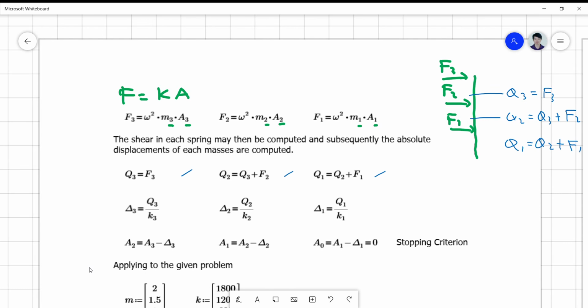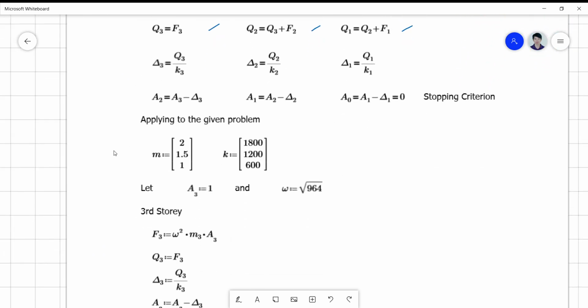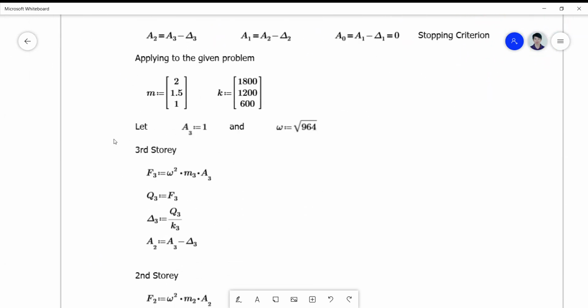So to apply this in the problem, the solution will start by noting that the given mass and K are available. So let me now use an assumption or a trial value of A3, because we need A3, no, to start solving for the rest of the parameters. And of course, we also need a trial value of omega in order to solve for the rest of the parameters.